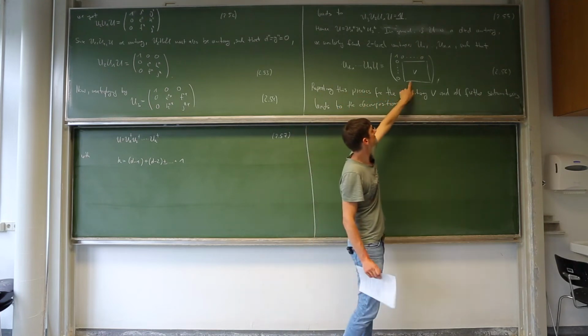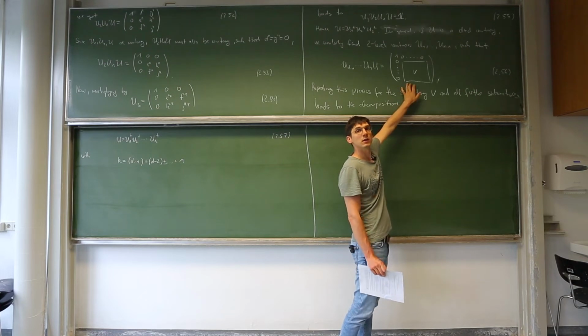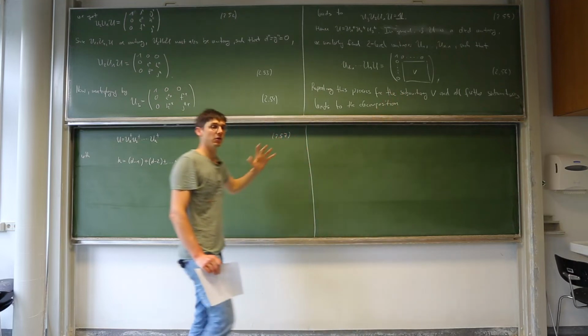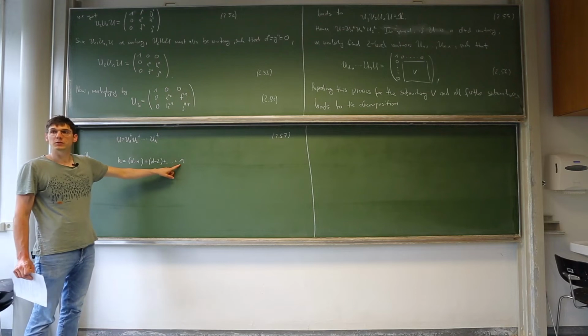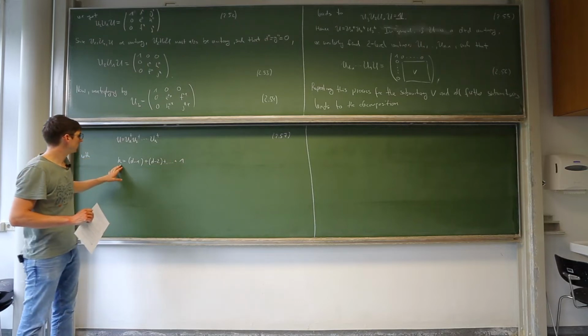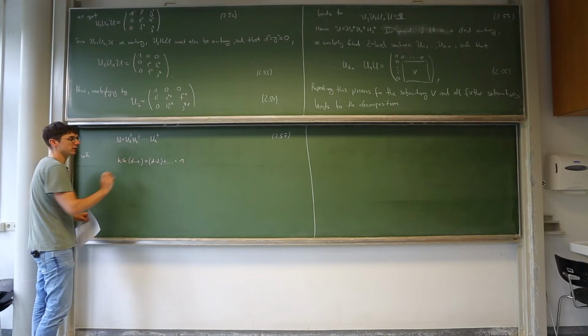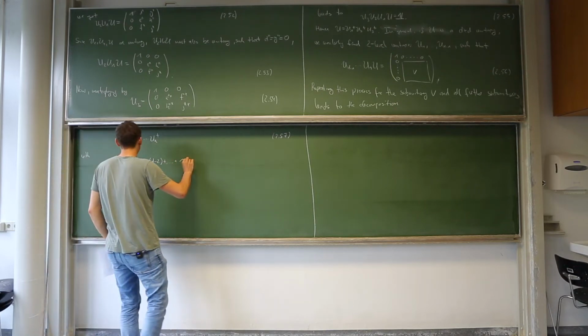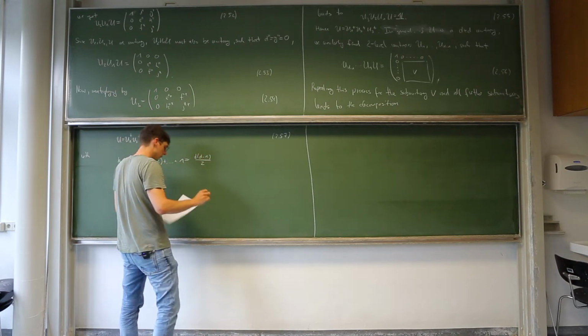For this subunitary, to do the same procedure, we need d minus 2 two-level unitaries. Then we go smaller and smaller until we are left with a 2 by 2 subunitary, for which we need one two-level unitary to diagonalize it. So in total, K is smaller or equal to this number here, and this we know is d times d minus 1 over 2.